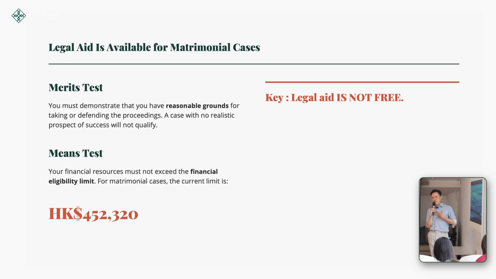If you have a lot of income, say I earn 100K per month, but I have no savings, they will still calculate your disposable income for 12 months. So if, for example, I earn 100K per month and my monthly expenses are only 30K, I have 70K left per month. Therefore, you will likely surpass that means test because they do not only look at your savings.